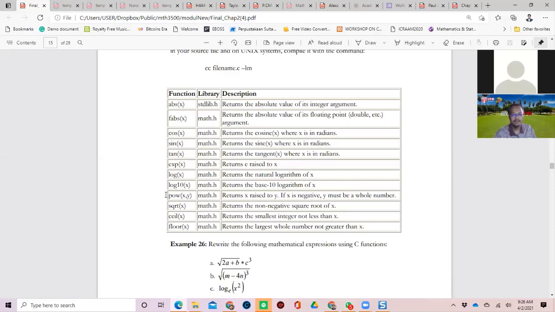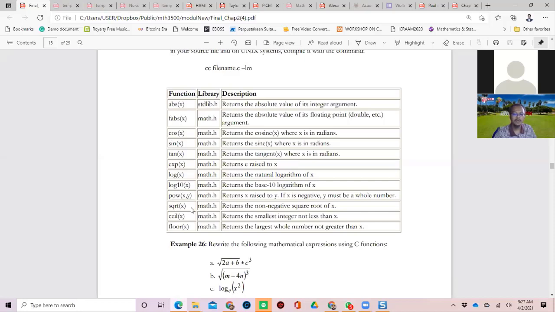And then power(x, y). For example, x is 2, y is 3. In normal mathematics this is 2 power of 3, so the result is 8. The function is pow.